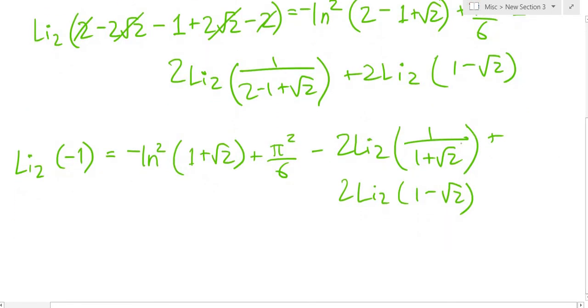Well, everything else is simplified. Now we only need to simplify this. We need to only rationalize the argument of this dilogarithm.